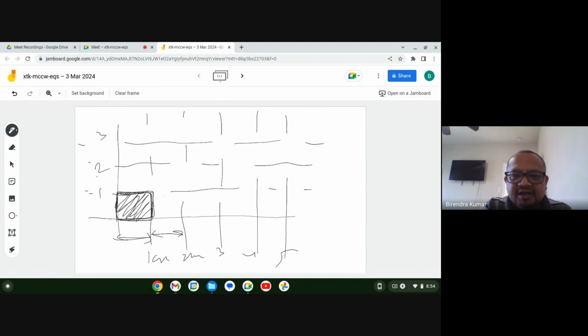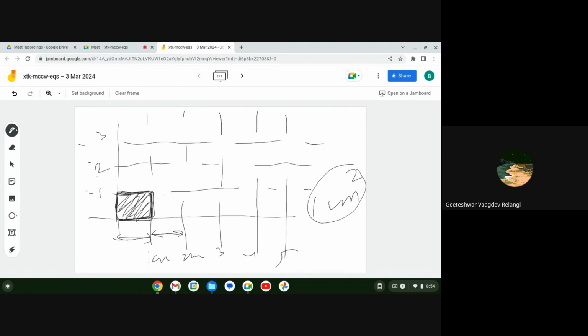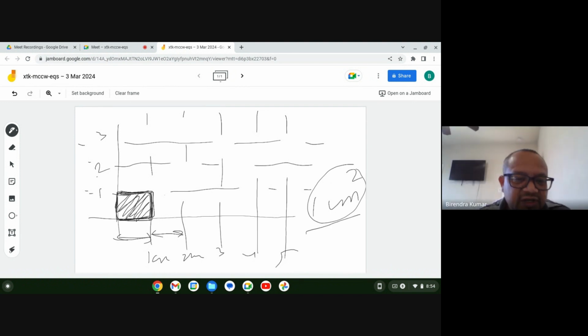It can be denoted as one unit of a square because this is a square, right? This length is 1 centimeter, this width is also 1 centimeter, meaning all the sides are same, right? So this is called 1 square centimeter, meaning a square which has 1 centimeter on all the sides.